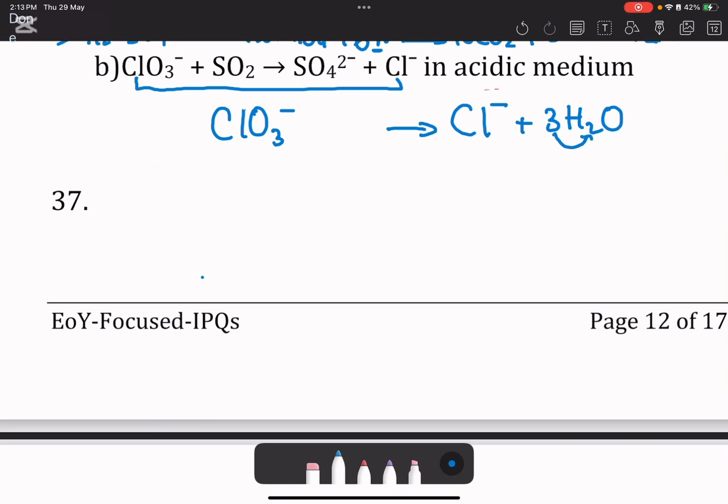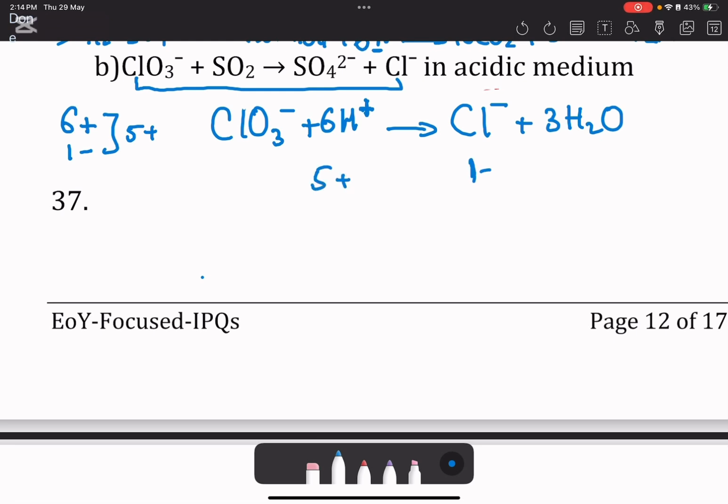Here you have 3 times 2. Don't forget to multiply by the coefficients. So you're missing here 6 H pluses. Now count the charges. Don't forget the coefficient. 6 pluses coming from the H's and 1 minus coming from this ClO3 minus. So the overall charge on this side is 5 plus. And the overall charge on this side is only the one coming from the Cl minus 1.